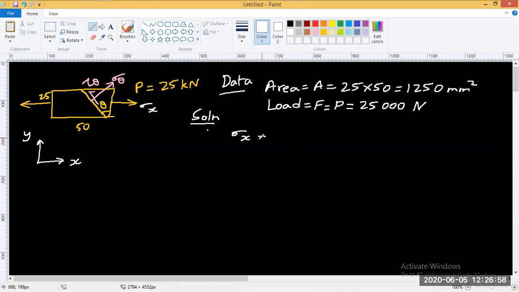Sigma x is just load over area, both of which we have here, so directly substitute. Keep your calculators handy, solve it and post it in the group chat.